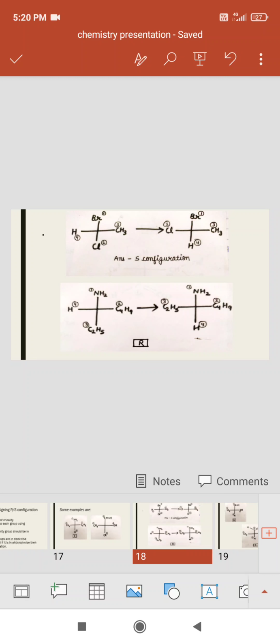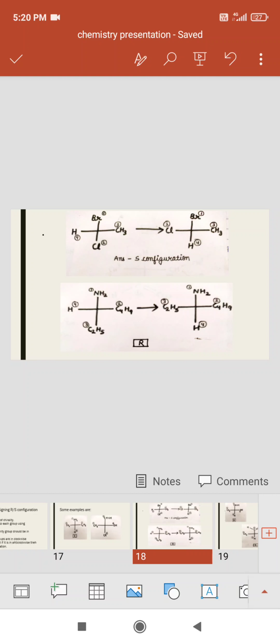See the next example. Here's NH2. Here N gets the first priority because the atomic number is greater, and C4H9 gets the second priority, C2H5 gets the third priority, and hydrogen gets the least priority.